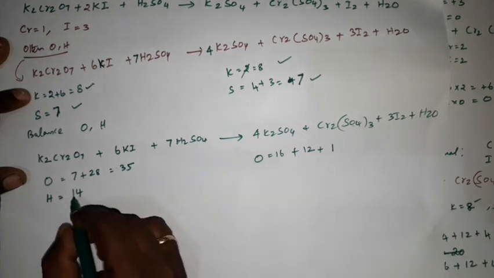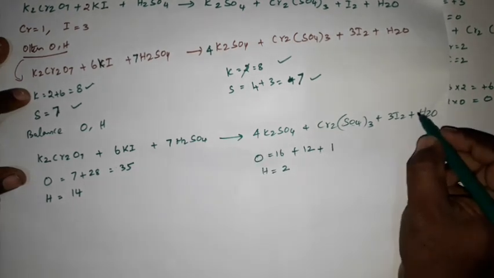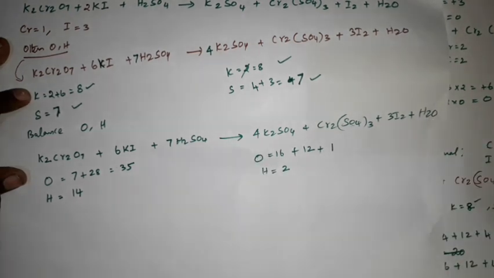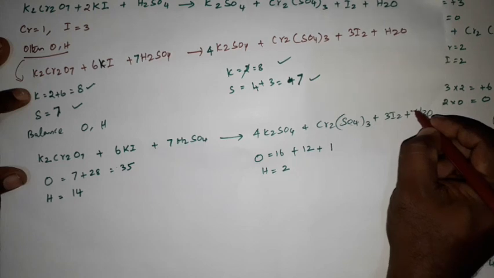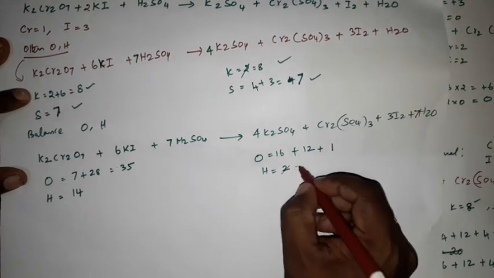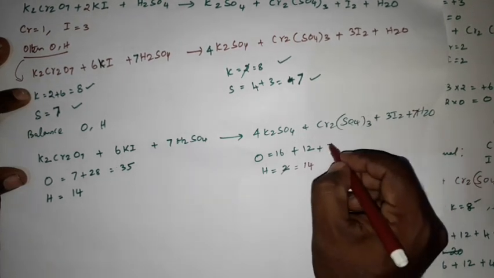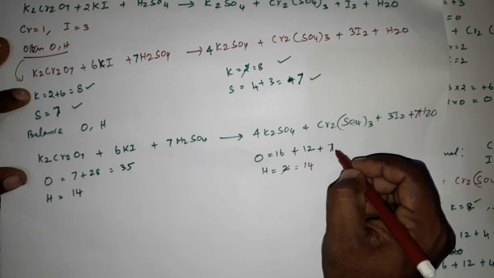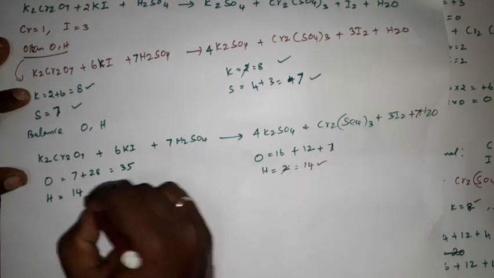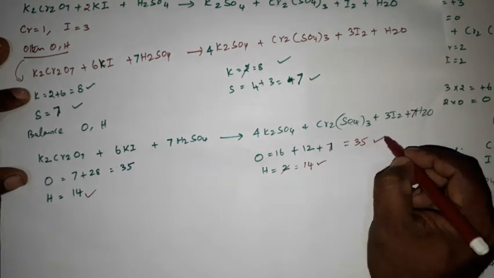Now to make 14 hydrogen this side, hydrogen only 2 here, so I am going to add 7 here. After putting 7 here, it will become 14. Okay, now oxygen also here it will change to 7. Now check, 14 is balanced. Now here equal 35. Oxygen is also balanced.